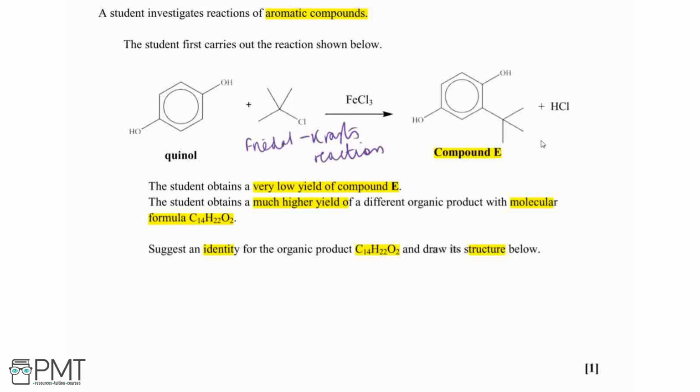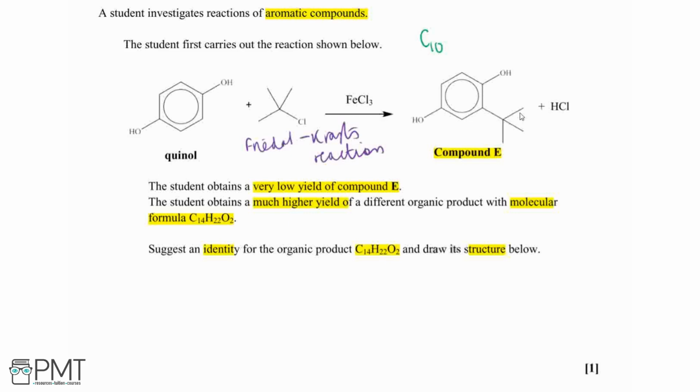So first, let's work out the molecular formula of our compound E, so then we can see how this new organic product is different to compound E. So compound E contains carbon, hydrogen, and oxygen only. So let's go through and work out the molecular formula for that. So for carbons, we've got 1, 2, 3, 4, 5, 6, 7, 8, 9, 10.